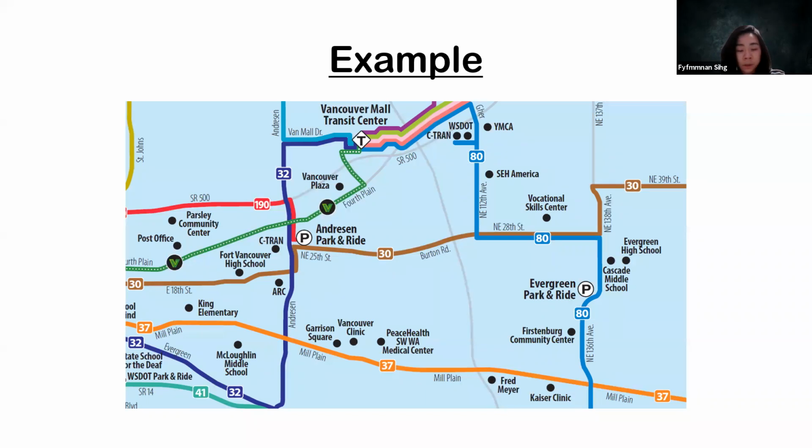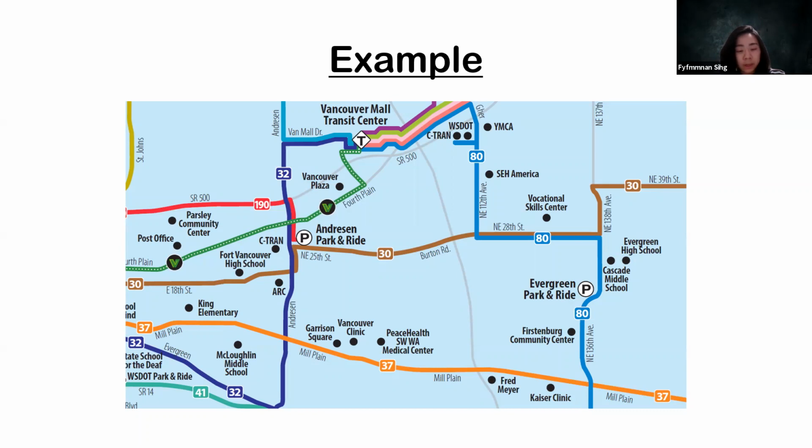We have therefore done a model of origin to transit hub to destination. So that's that Vine, 80, 37. Notice how we've effectuated two transfers, right?